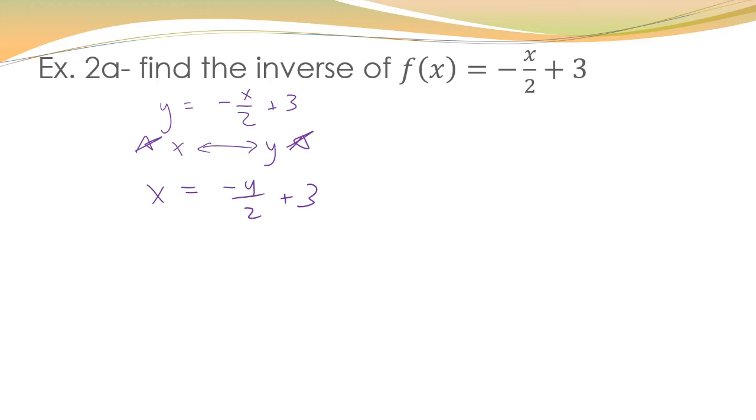Step number 3, solve for y. So we have to isolate y. So let's bring over, and there's different ways to do this, the 3. That becomes x minus 3 equals negative y over 2. Multiply both sides by 2.